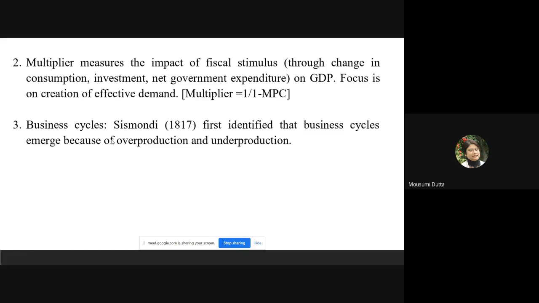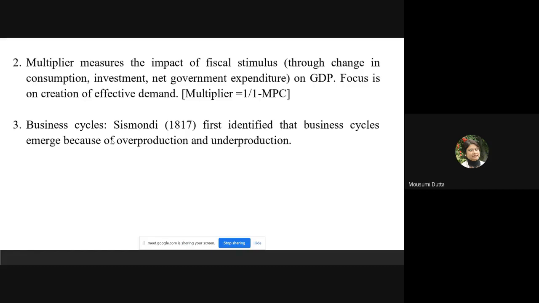You are taking macro policies so that consumption improves, investment improves, and government expenditure improves. You are reducing the tax, you are increasing the subsidy. All these are fiscal stimulus.